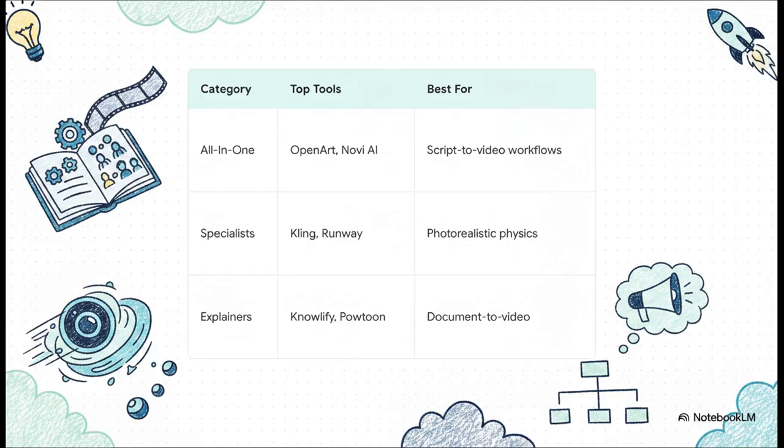Then you've got the specialized powerhouses. Runway Gen 4.5 gives you this incredible director-level camera control with stuff like Motion Brush. And Kling 3.0 is basically the undisputed king of physics right now, rendering gravity and complex fluids flawlessly. Oh, and for corporate or educational teams, explainer tools like Powtoon and Nullify are your best bet because they prioritize pure speed and clear communication over that cinematic flair.